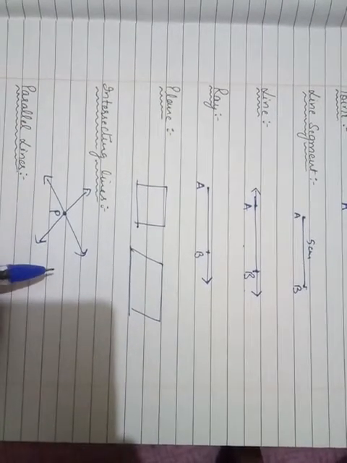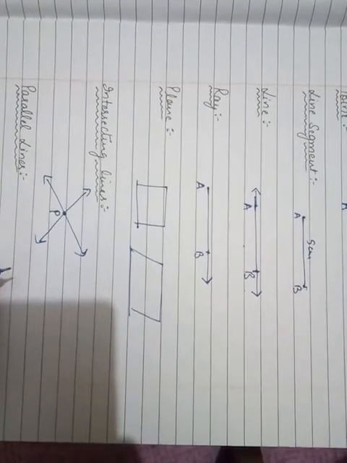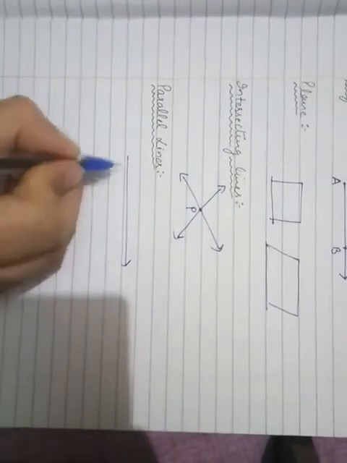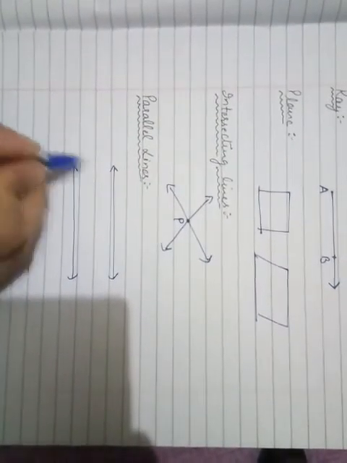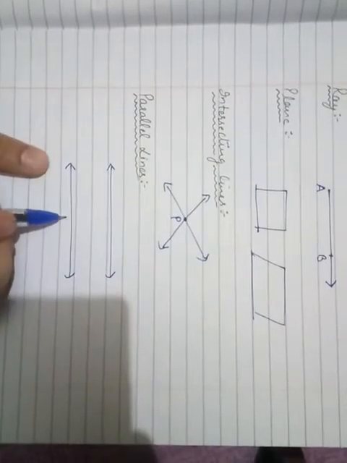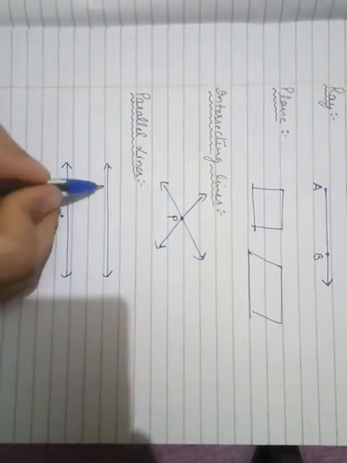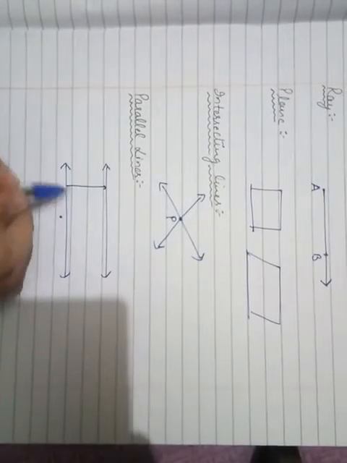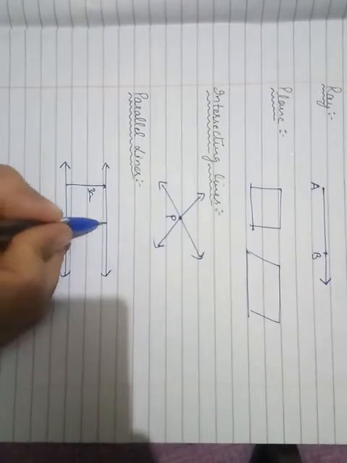Okay. The next is the parallel lines. What do you mean by the parallel lines? When two lines do not intersect each other at any point, and the perpendicular distance between these, suppose it is 3 centimeter.